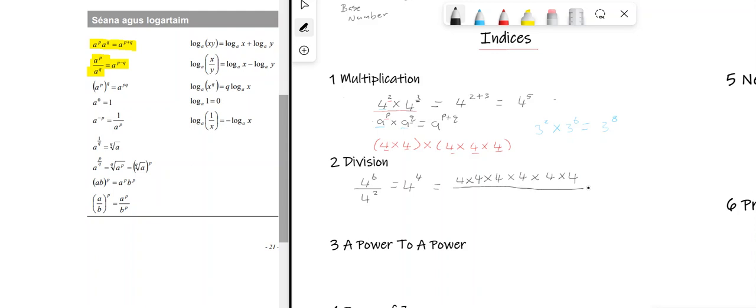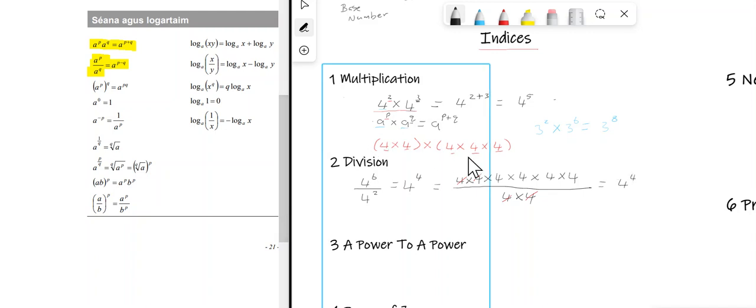And we're dividing it by 4 to the power of 2, which is just 4 multiplied by 4. Then if we cancel these out, 4 will cancel out with 4, this 4 will cancel out with this 4, then we're just left with 1, 2, 3, 4, which is going to be equal to 4 to the power of 4. Okay, so that's that one.